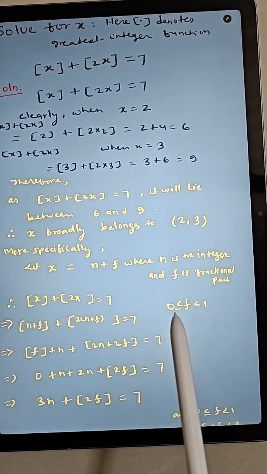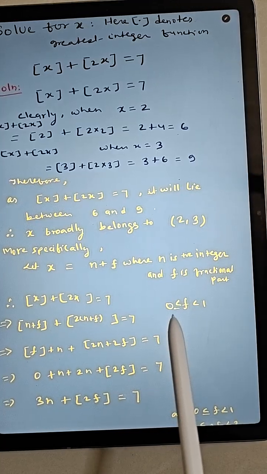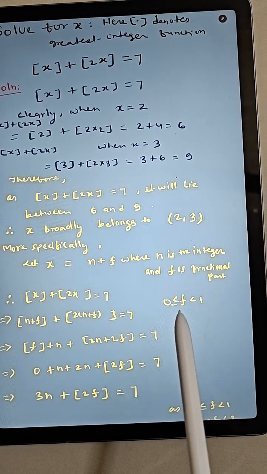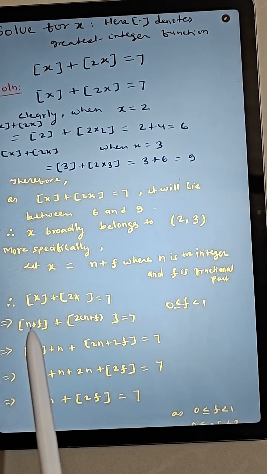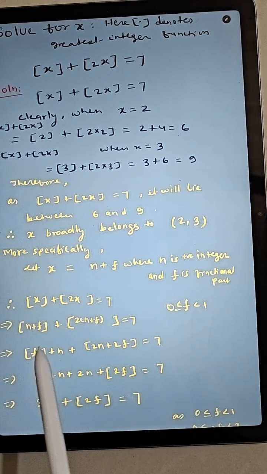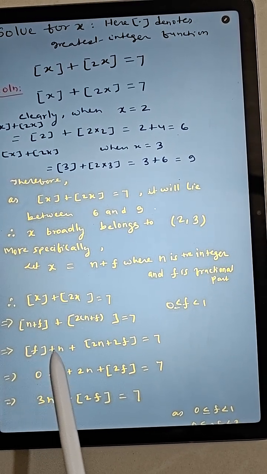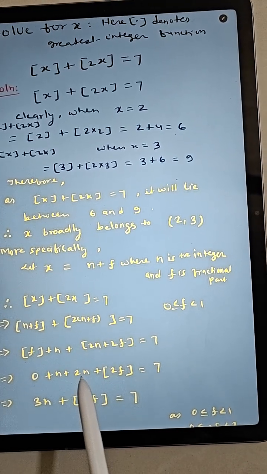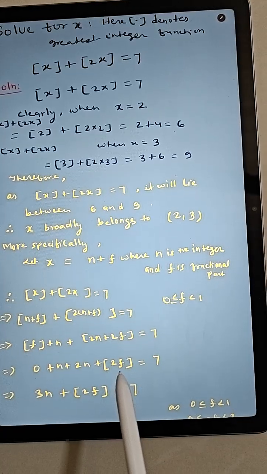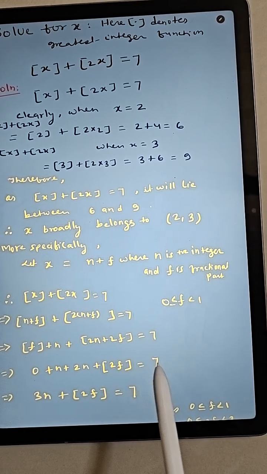Here f is a fractional part, so it will lie between 0 and 1, that is 0 less than or equal to f less than 1. As n is an integer, it will come out from the function directly. So greatest integer function of f plus n. Here also 2n will come out directly and 2f will be inside the greatest integer function, equal to 7.